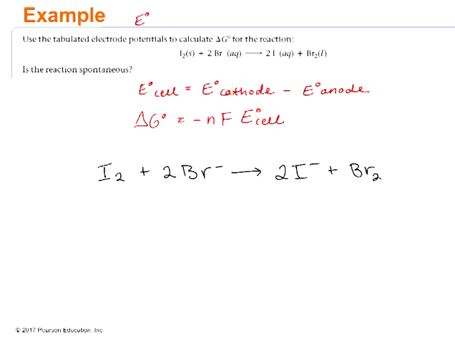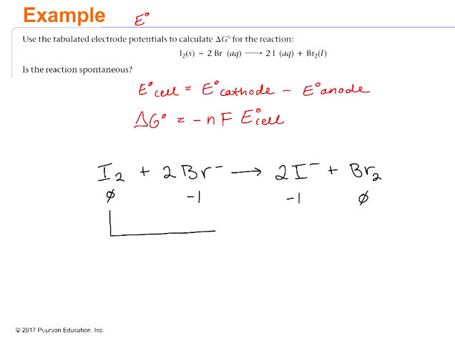I2 has an oxidation number of 0 because it's just its elemental form. Bromide has a -1 charge, so its oxidation number is -1. Same for iodide. And bromine, Br2, is the elemental form of bromine, so that has an oxidation number of 0 as well.